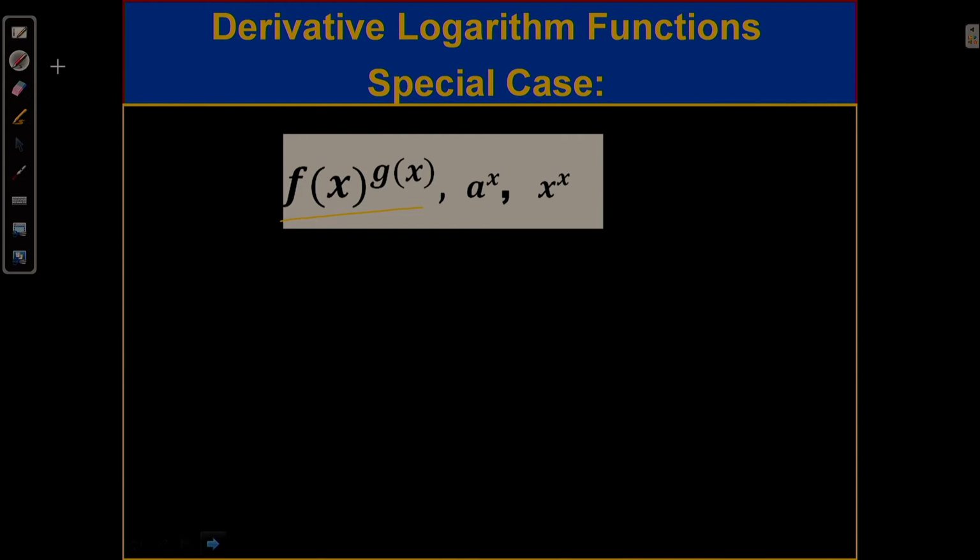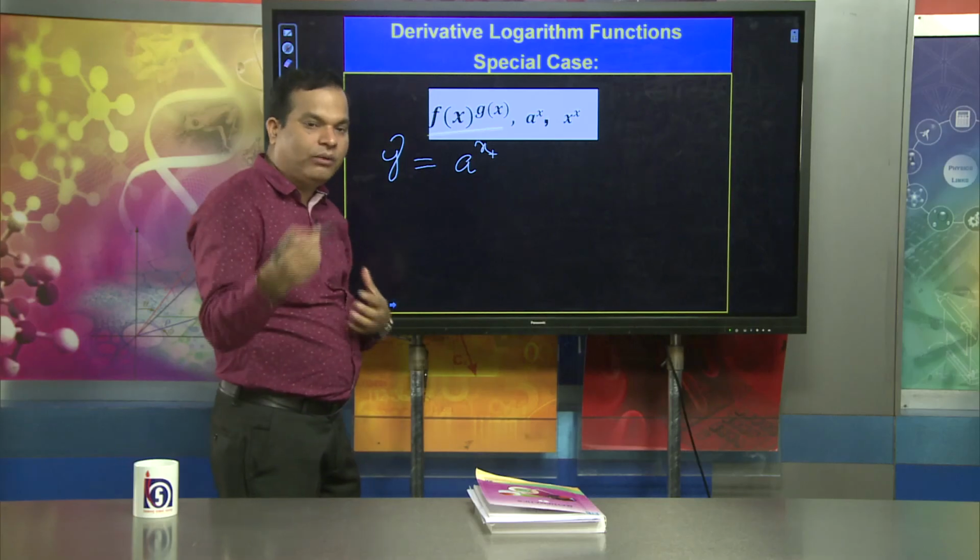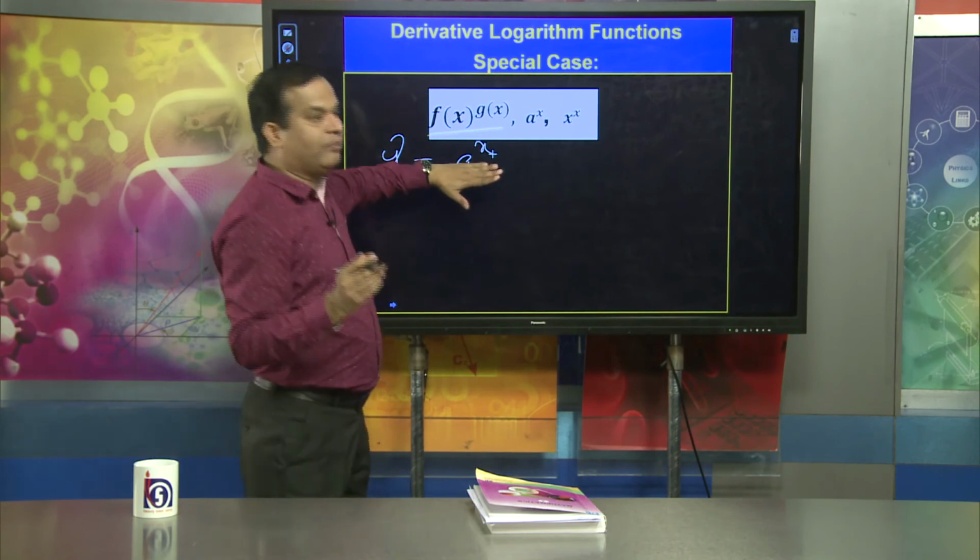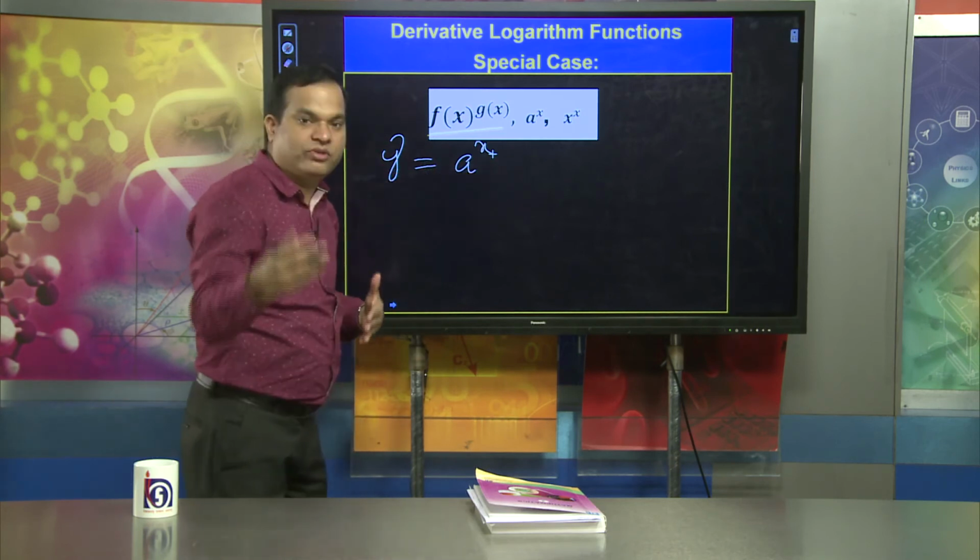Suppose y equals a raised to the power x. How will we find the derivative of such a function?